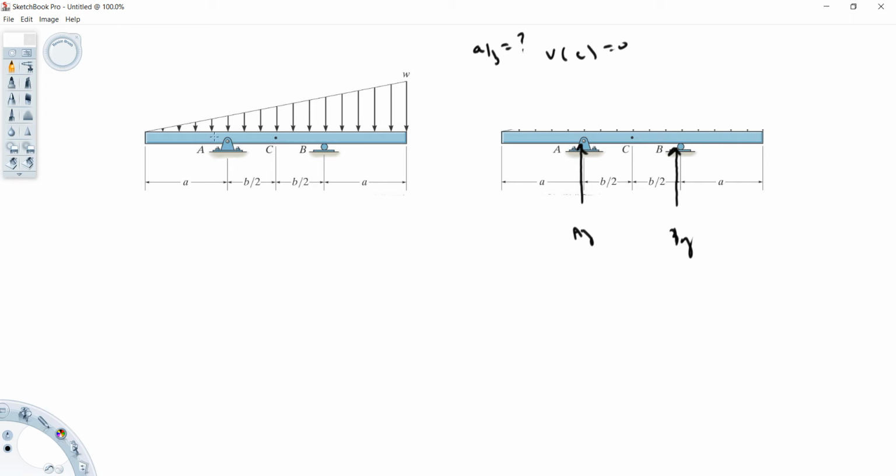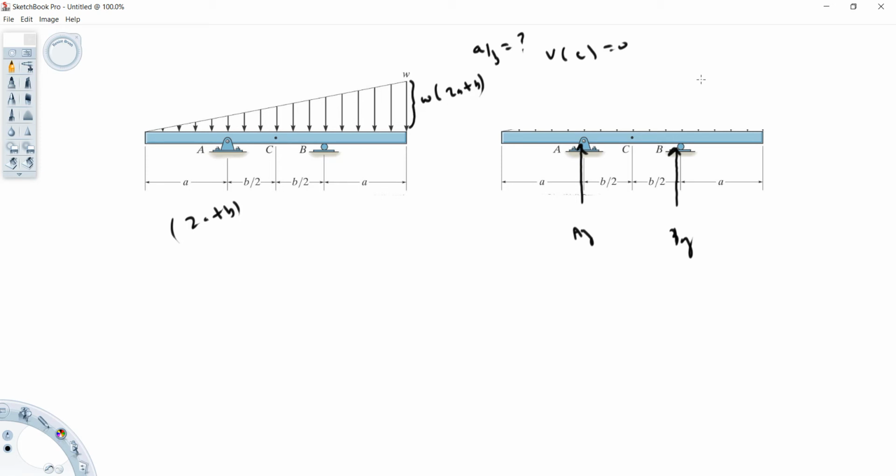All right, now we've got to deal with this loading here. This distance right here is equal to our loading times the distance 2A plus B. That makes the area, again, from here to here is 2A plus B, so the area from here to here equals 2A plus B times this.